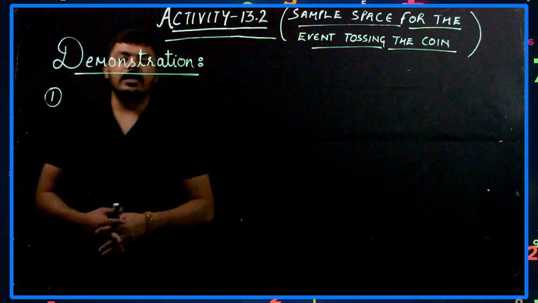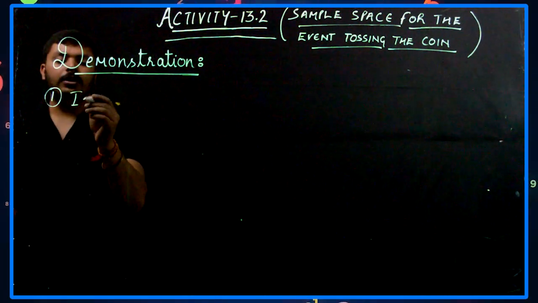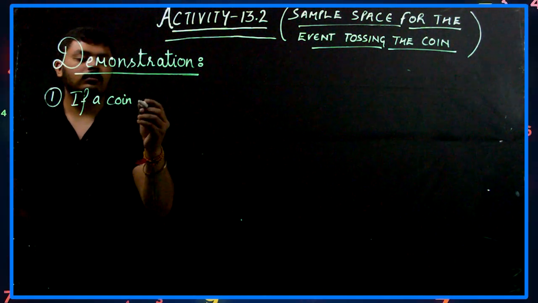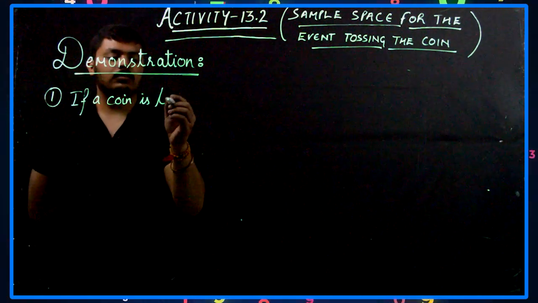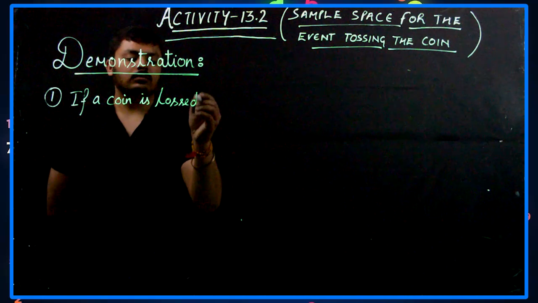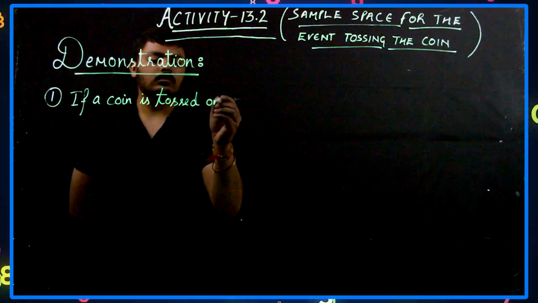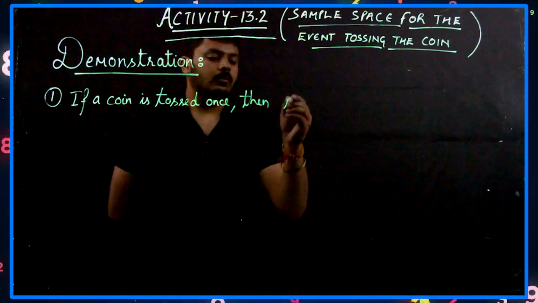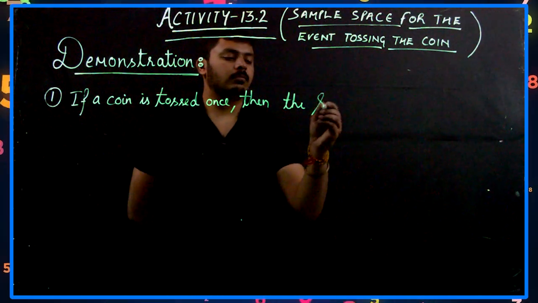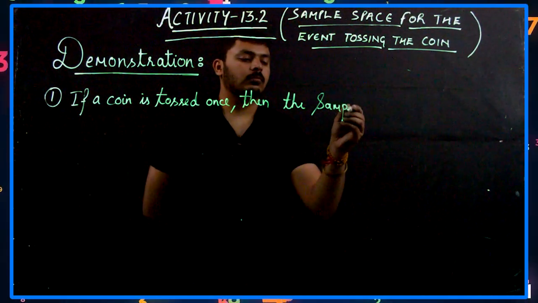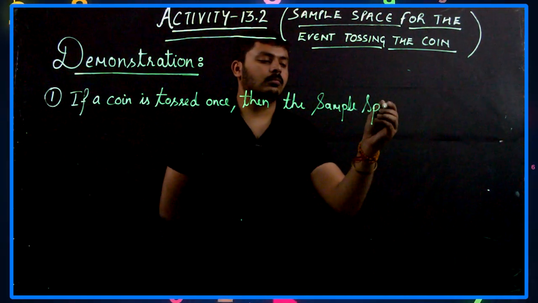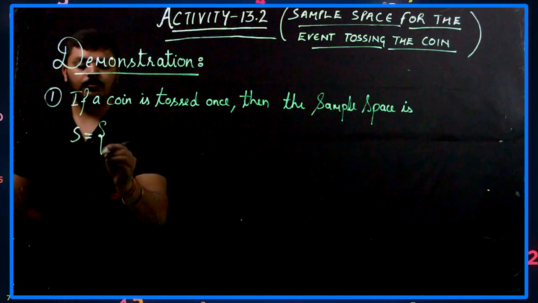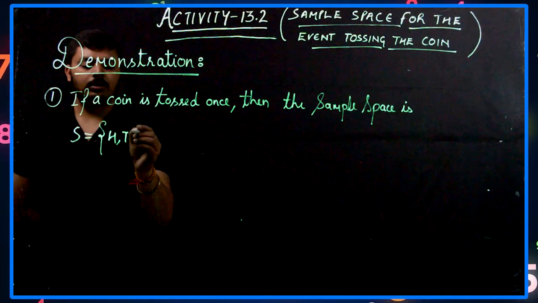So students, now let's see the demonstration for the given activity. If a coin is tossed once, then the sample space is S equals {H, T}.